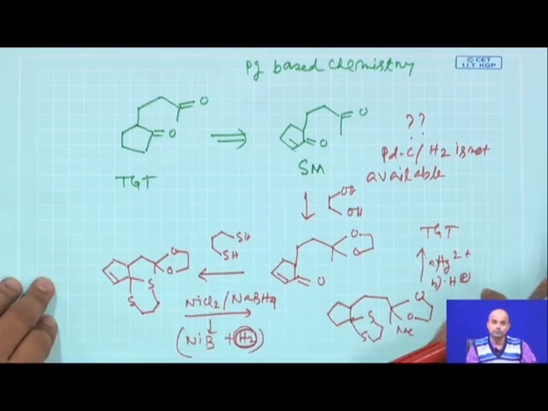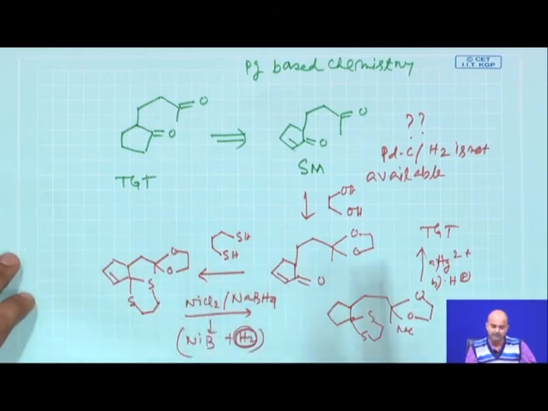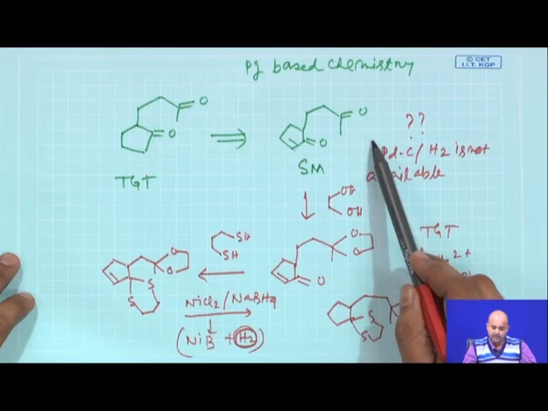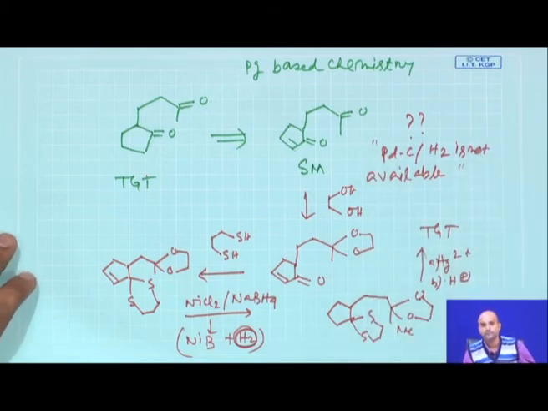In this synthetic pathway we have seen that if certain reagents are not available to you, you have to find an alternative pathway, and probably this is a very environmentally friendly pathway, because palladium charcoal with hydrogen can sometimes cause fire, and palladium charcoal is very difficult to handle in the lab.